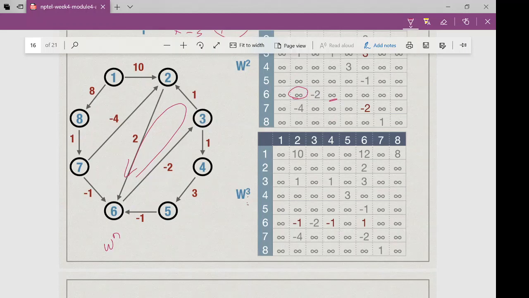When we keep on increasing this and it becomes wn, then we are saying that, considering all nodes, these are the shortest paths to go from any node to any other node, meaning all pair shortest path. This is how the algorithm explores all possibilities, and when it stops, we have the shortest path between all pairs.